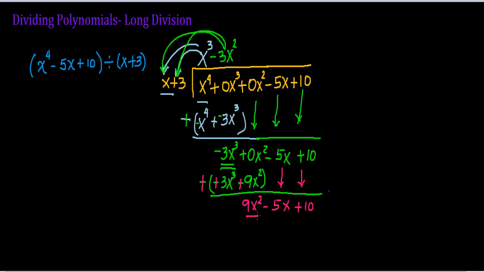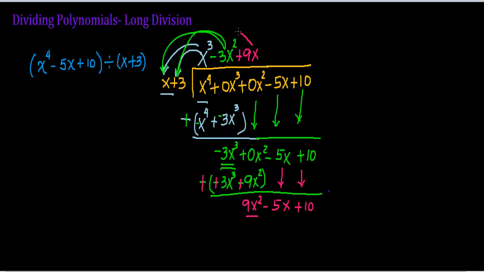Again, we look at the first term in the subtraction. The exponent is still not less than the exponent in the divisor, so that means I continue to divide. x times what will give me 9x squared? Well, if I multiply x times 9x, I'll get 9x squared.